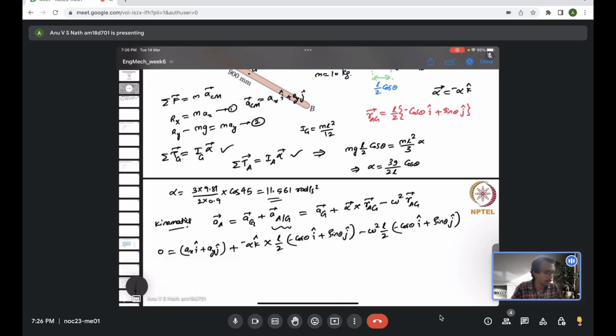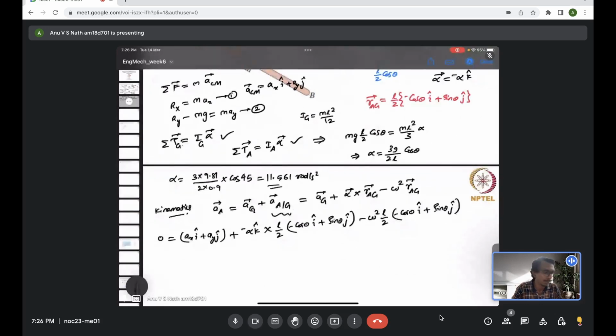This is actually a vector equation, so it contains two component equations in the I direction and j direction. So you will get two equations with the two unknowns, ax and ay. You can ideally solve for them. All other quantities here are known.